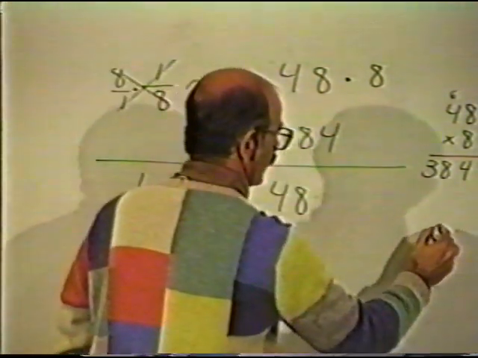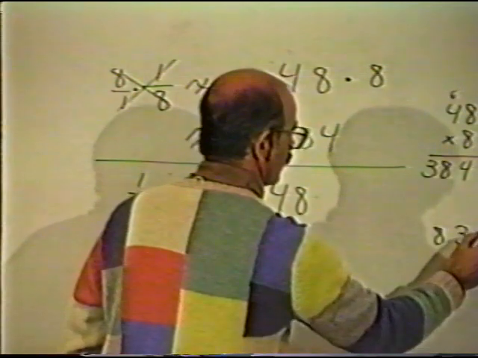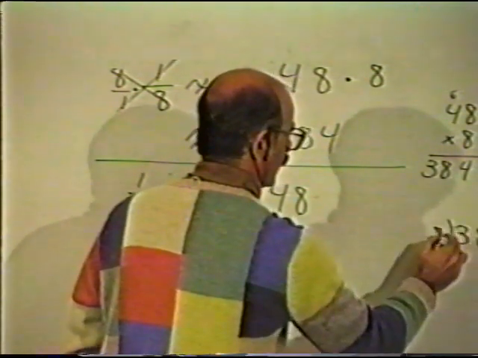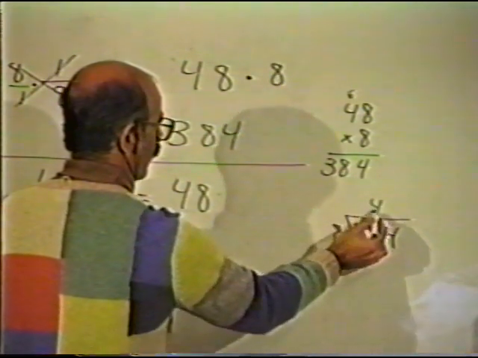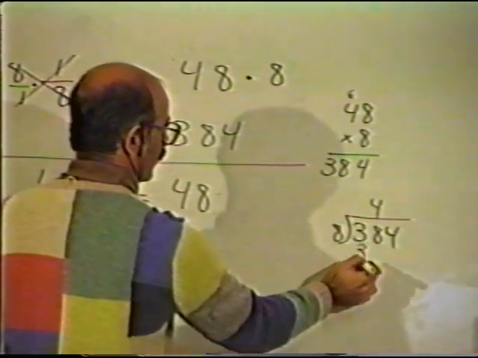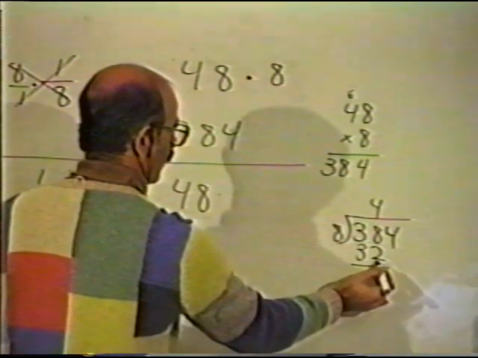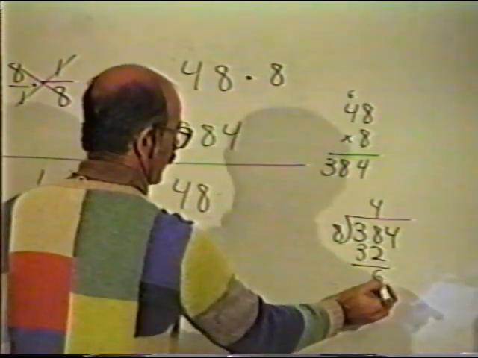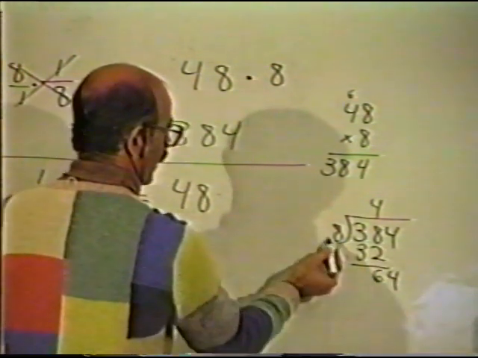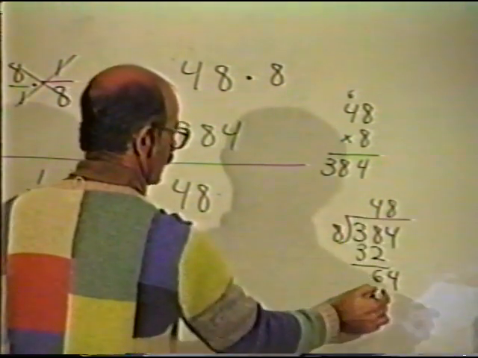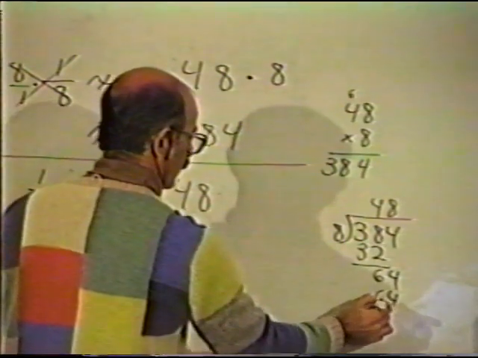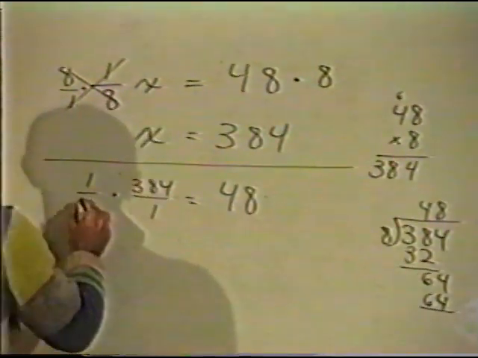Let's do the division. 8 into 384. 8 into 38 is? 4. 4 times 8, 32. 38 take away 32 is 6. Bring down the 4. 8 into 64. 8. 8 times 8 is? 64.